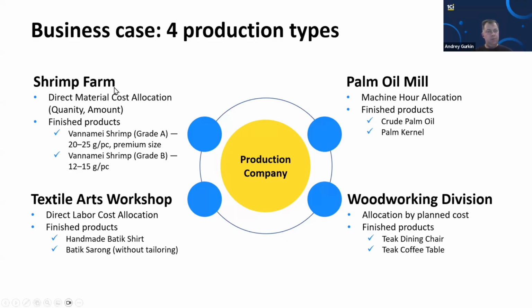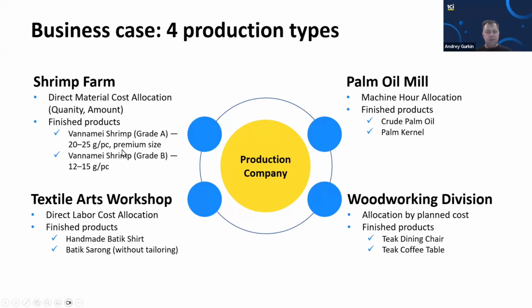So we have a shrimp farm, and you can see that we are referring to the most common allocation base. In this case, we are using direct material cost allocation, either quantity or amount. It's already been released, I don't know how many releases ago, and we are producing different types of shrimps.